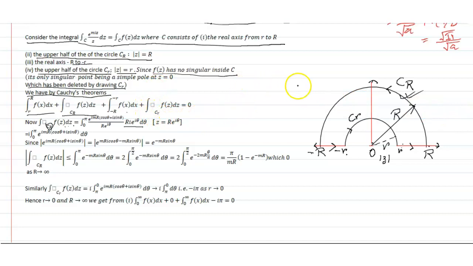So I have taken my complex integral as e to the power i m z by z. I discussed that z equals r into e to the power i theta, and there are two circles, one is the capital R and another is the small r.